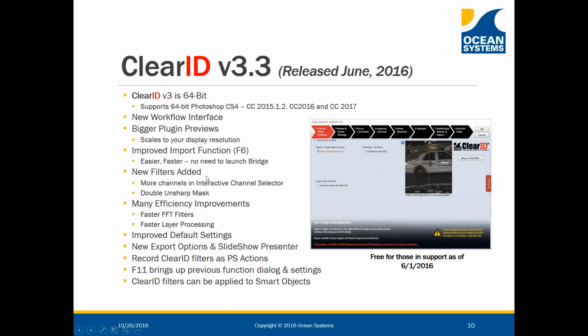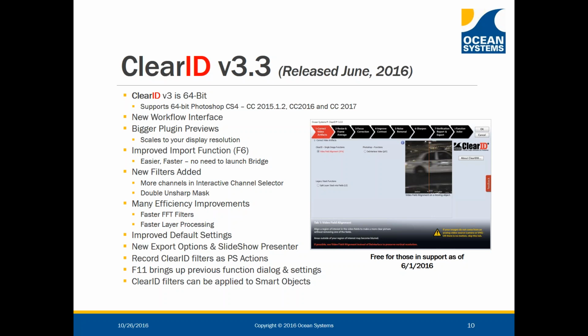We've added some additional filters, including double unsharp mask. We've added more channels to the interactive channel selector and made a ton of efficiency improvements, including that we are now able to import images and layer stacks faster than Photoshop does by default, and we're doing hashing in that process. So certainly something you want to check out.